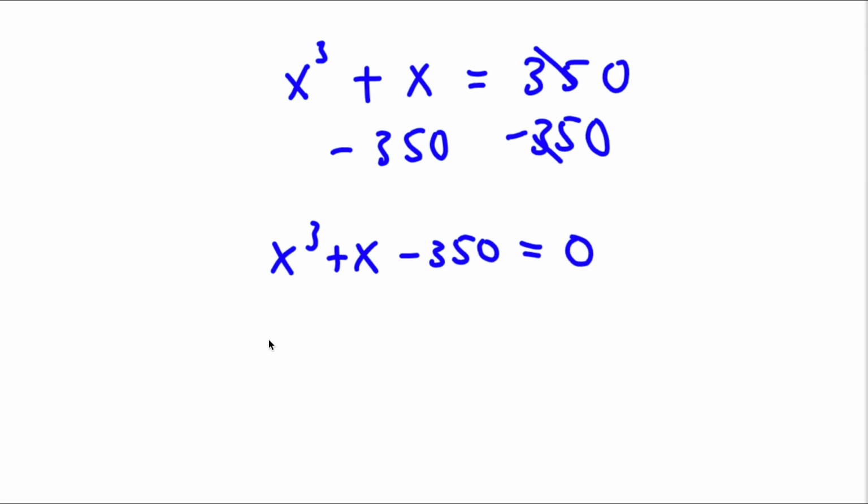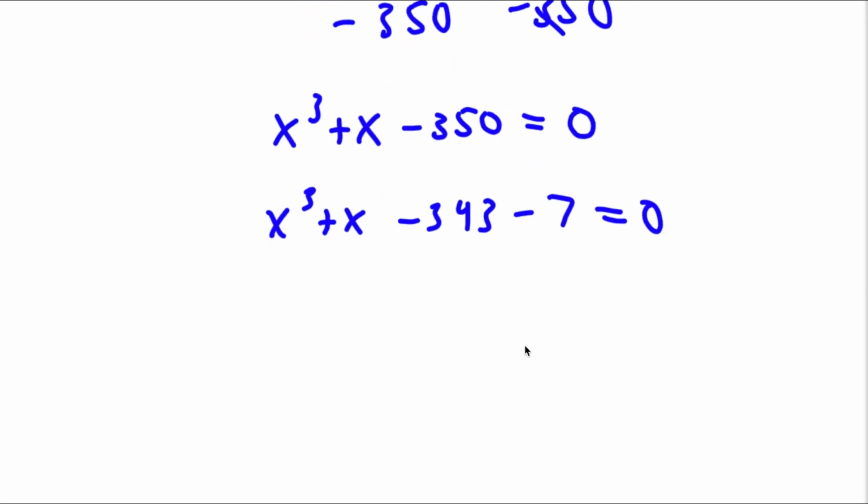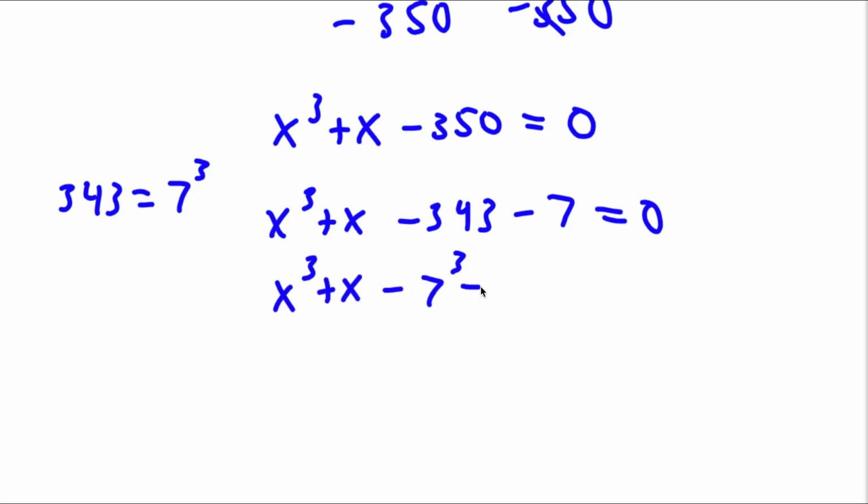Now 350 we can rewrite as 343 plus 7, so x to the power of 3 plus x minus 343 minus 7 is equal to 0. Now 343 is the same thing as 7 to the power of 3. So now I have x to the power of 3 plus x minus 7 to the power of 3 minus 7 is equal to 0.